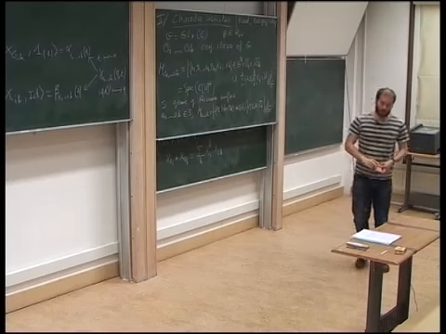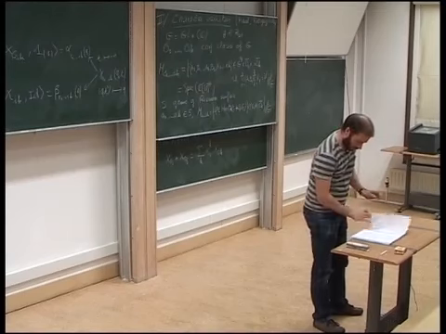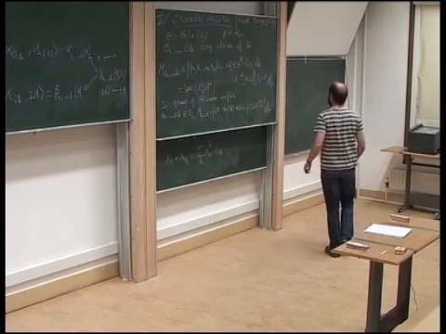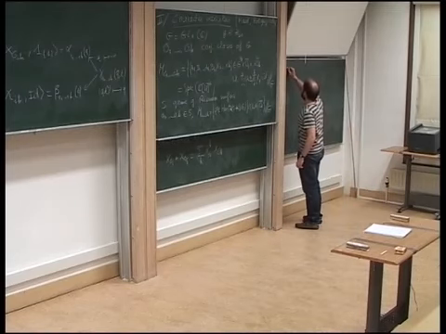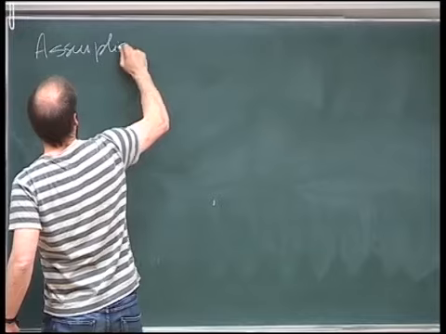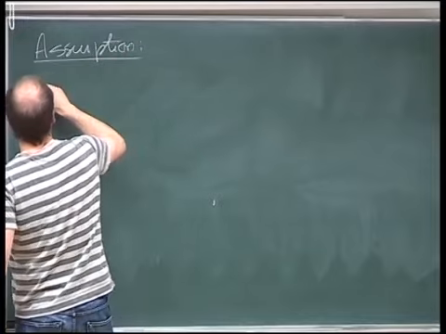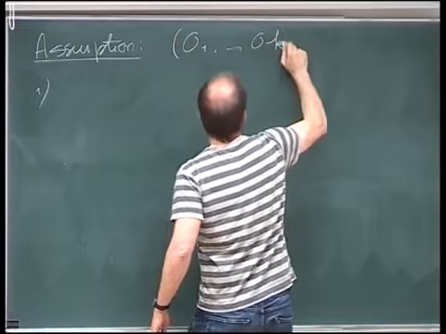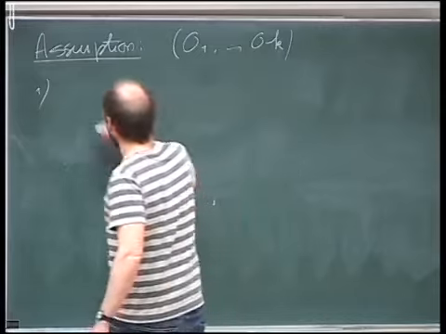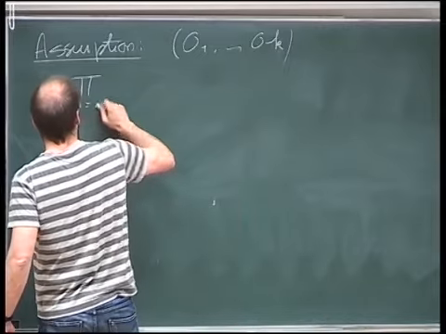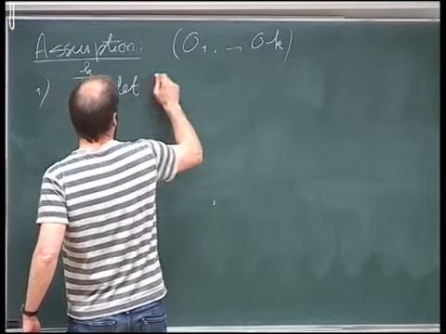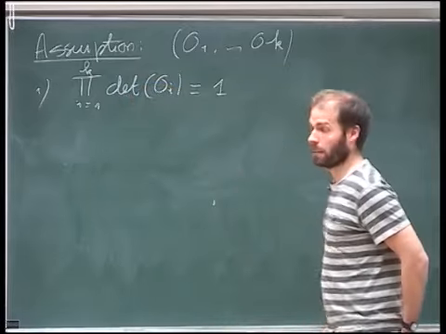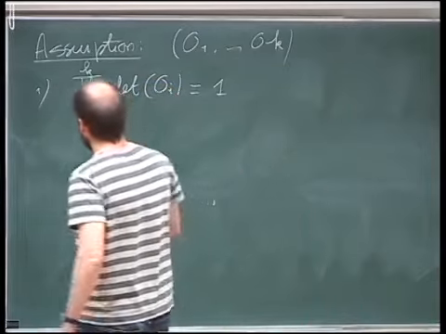Now we will make some assumptions. The first one is an obvious one, otherwise the variety will be empty. It is an assumption on these tuples: we want the product of the determinants to be equal to 1. The second condition is the following.